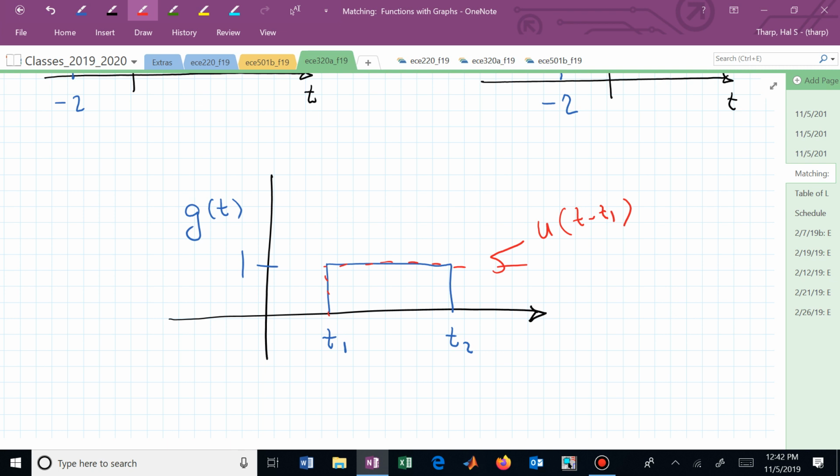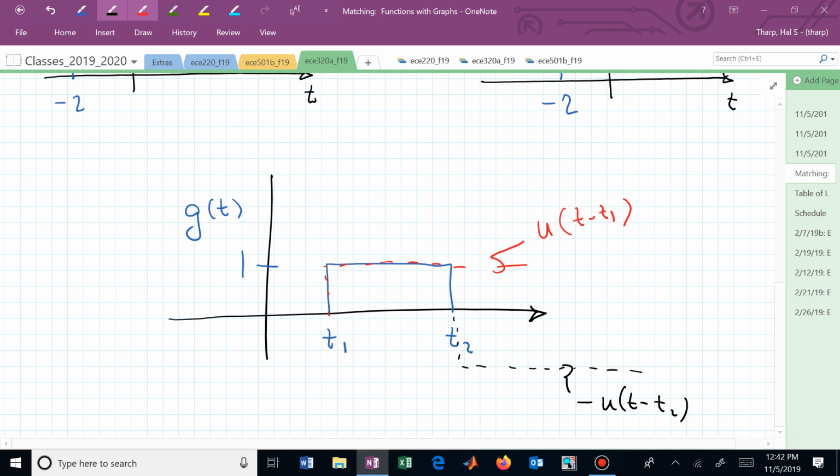Then if I want to turn that off, to get back to 0, I could subtract a unit step with the unit step being turned on at t sub 2.